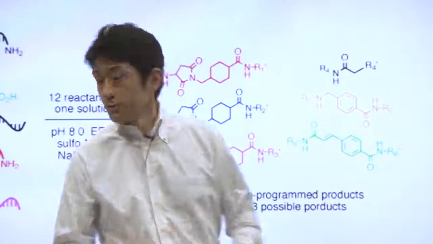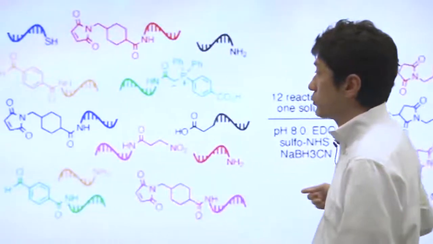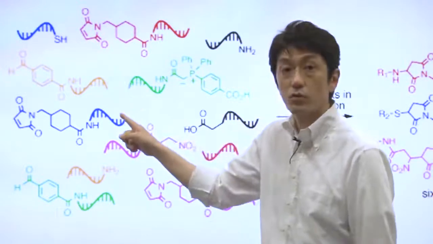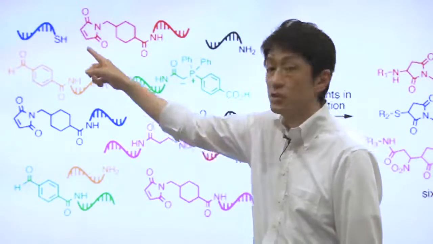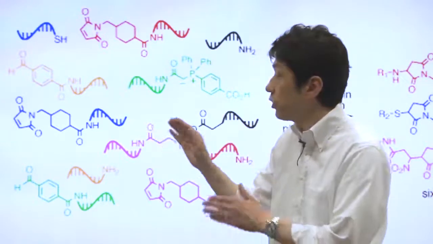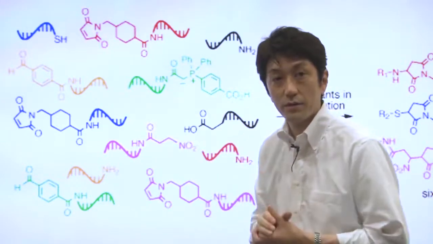For example, blue starting materials react with each other because these 2 DNA strands are complementary to each other to form a double helix.